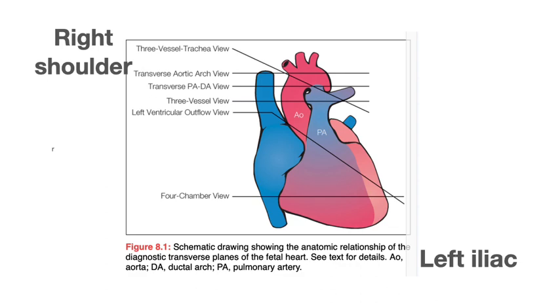So keep that in mind if that's one of the choices. But you'll notice a bunch of these views are axial, just going straight on up the heart, and then some are oblique, and it usually is in that right shoulder to left iliac tilt.